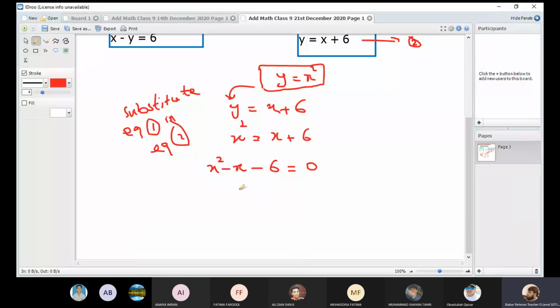Now by breaking the middle term, you can do this. How can we do this by breaking the middle term? We have to break and then we have to find two numbers. Sir, if I multiply two numbers, it will be 6, and these two numbers should have a difference of 1.